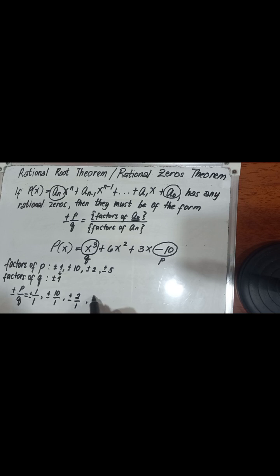And then we also have plus and minus 5 over 1. So if we divide all these numbers by 1, then our rational roots, plus or minus p over q, are equal to plus or minus 1, 10, 2, and 5.